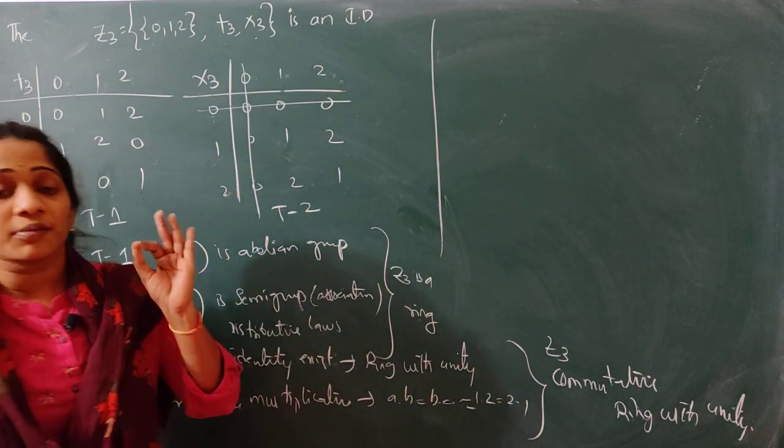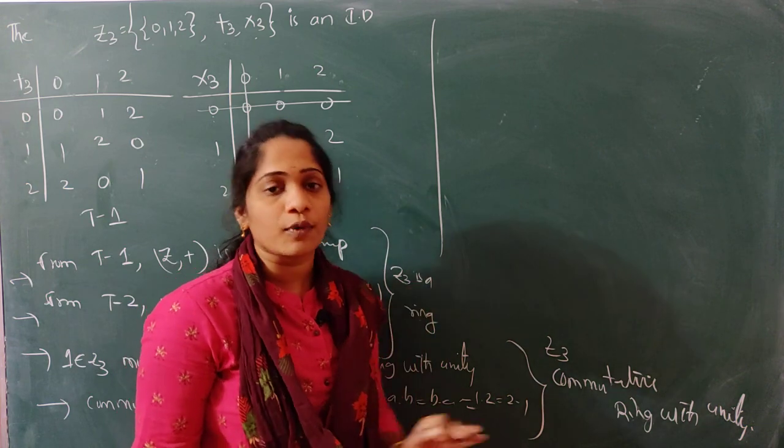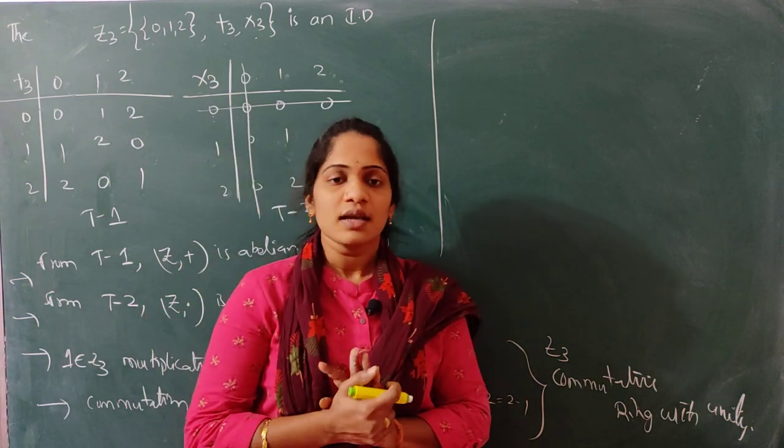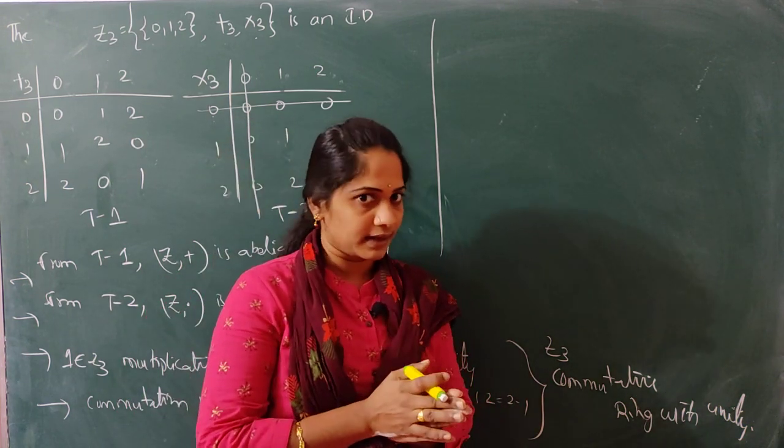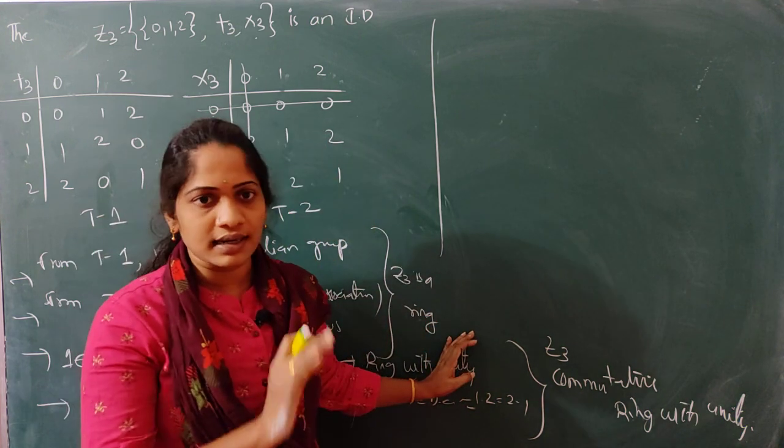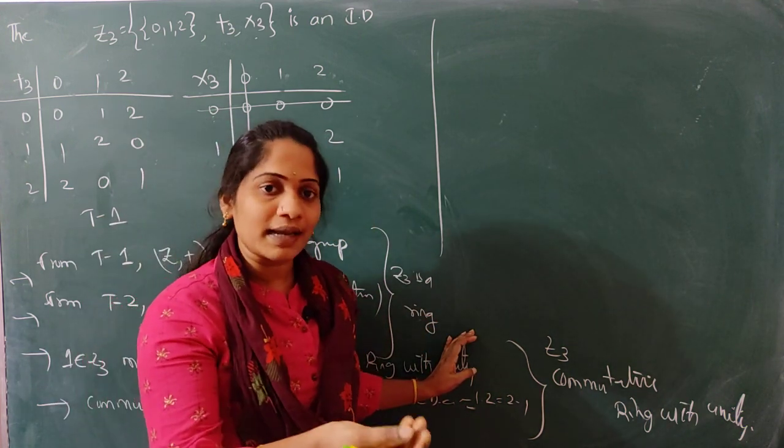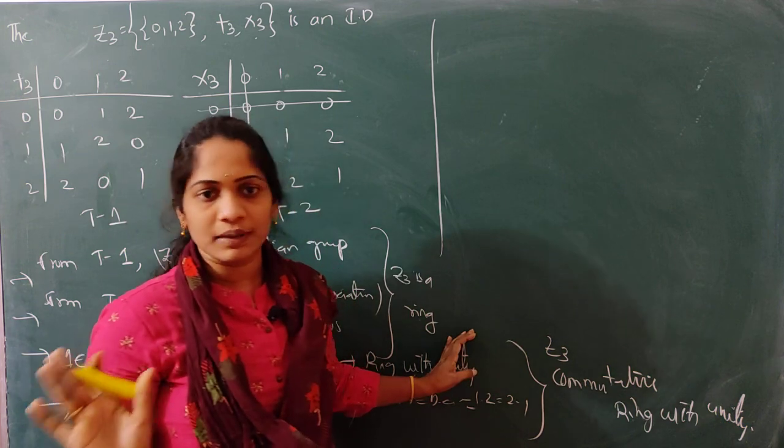So always remember, this is a very important point for everyone. Please students, the multiplicative identity exists, it is clear, it can be checked. Multiplicative means under table 2 only, multiplication modulo.